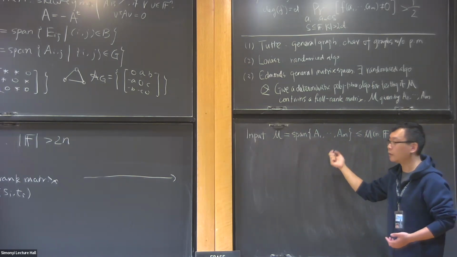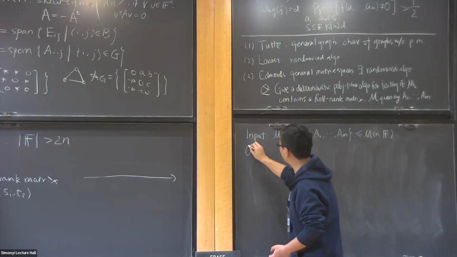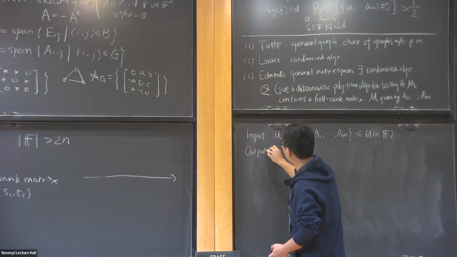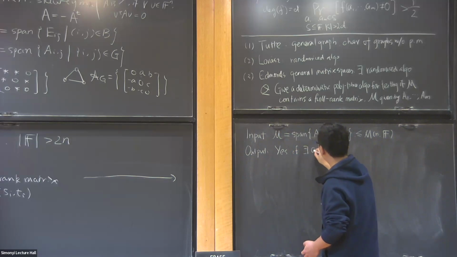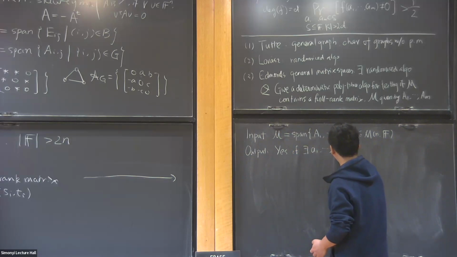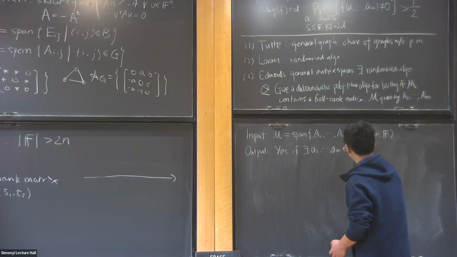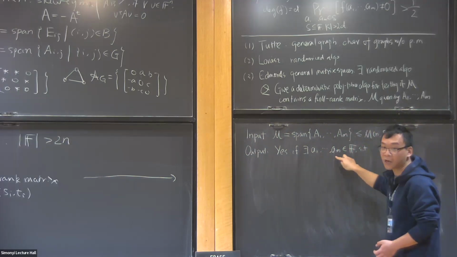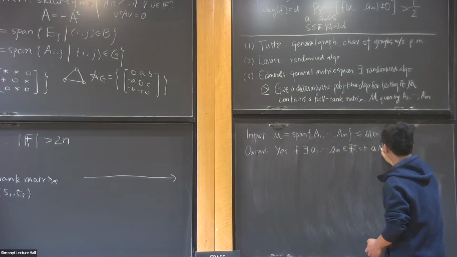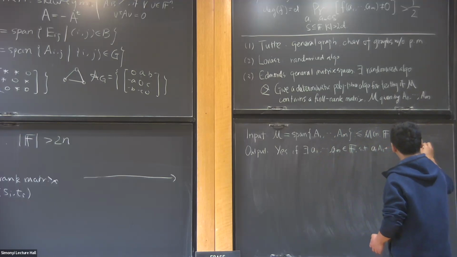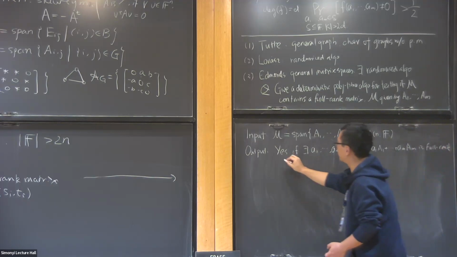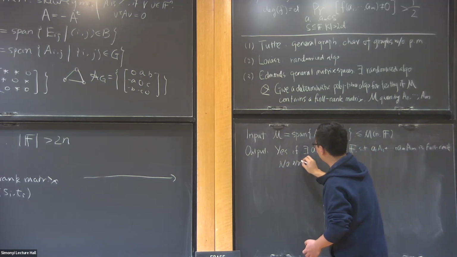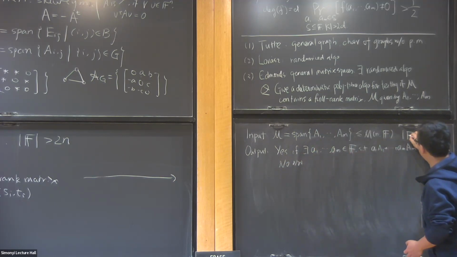So now the output will be yes if there exist scalars such that the linear combination of A1 through AM is full rank, and of course no otherwise. We are assuming that the field is large enough.